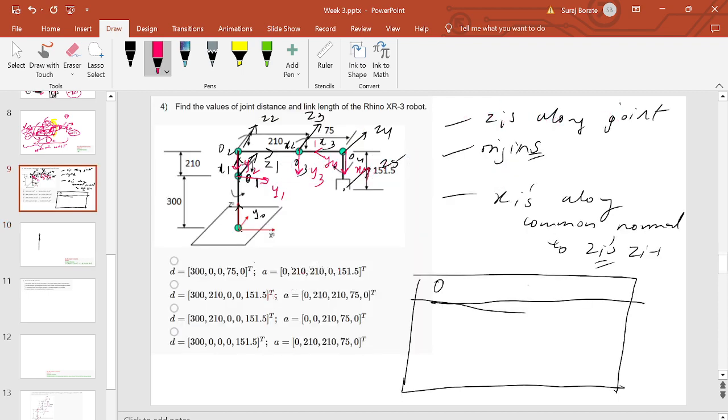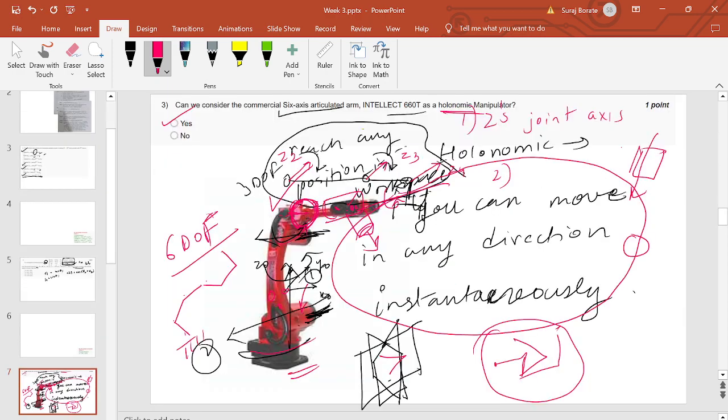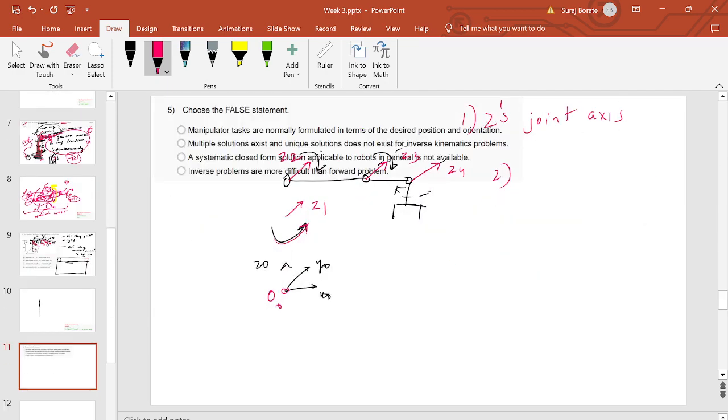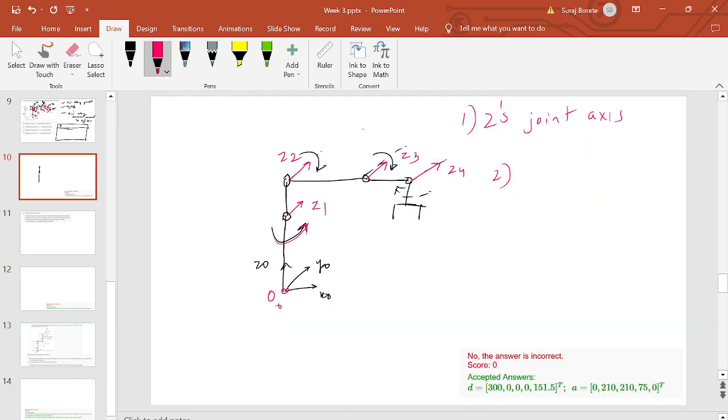Now the next step is step 3: locate origins Oi where the common normal to Zi and Zi minus 1 intersects Zi. It might sound like a long sentence, but basically it means this.